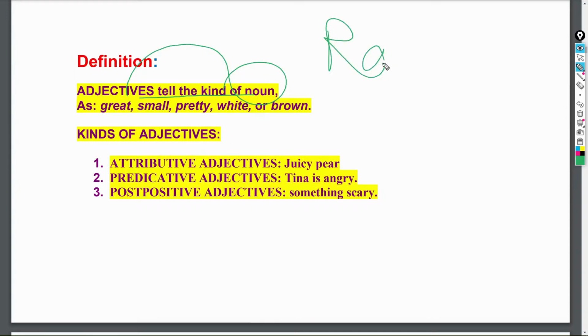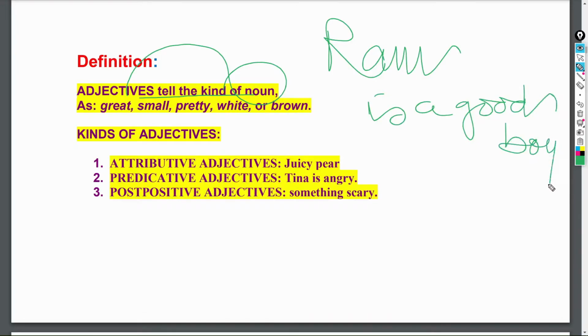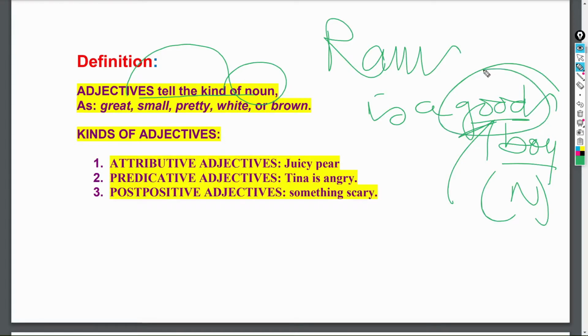Suppose Ram is a good boy. Okay, Ram is a good boy. ये boy हुआ मतलब noun. उसका पहले मतलब क्या आया? Good आया. Good is telling something about a boy. Therefore, it is adjective. Therefore, adjective tells something.